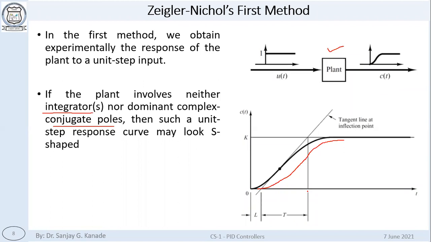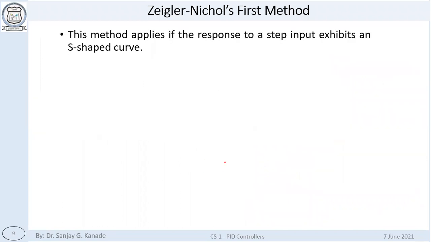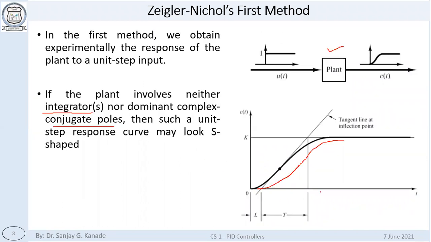Once you obtain this S-shaped curve, you draw a tangent to the curve at the inflection point. Now, what is this inflection point? It is not reflection, it is not inflation, it is inflection point. There is no spelling mistake there.